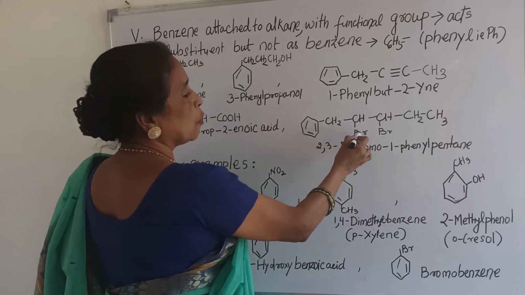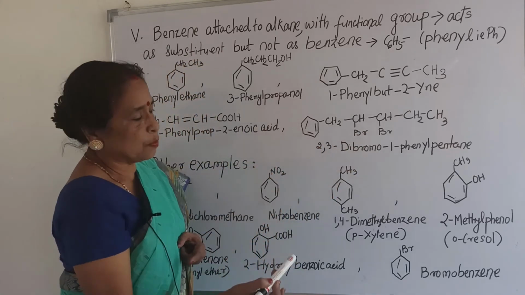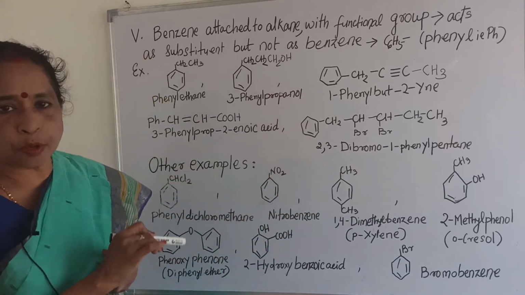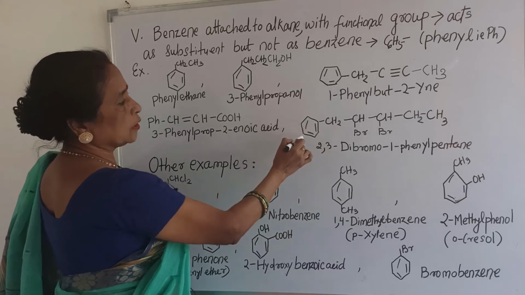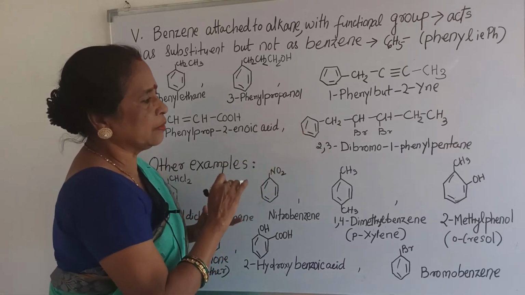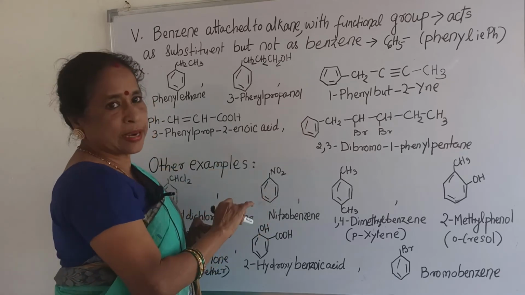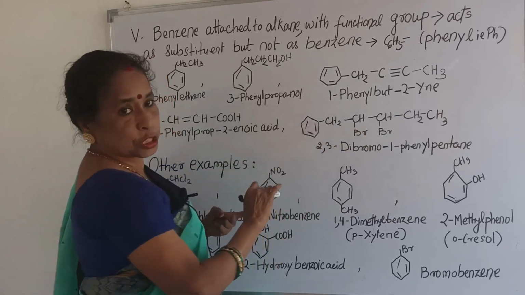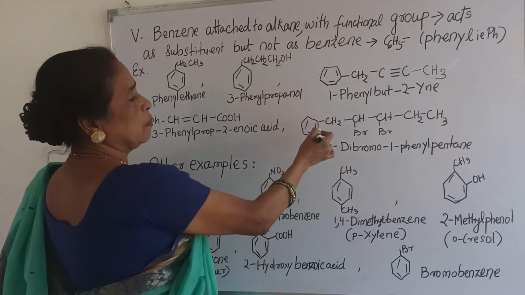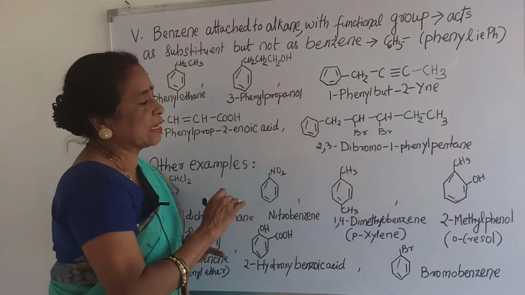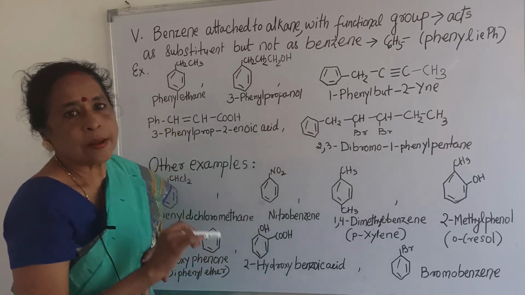Because there are bromines in the 2 position and 3 position. That is why 2,3-dibromo, and in the 1 position the phenyl group, so 1-phenylpentane. The root alkane is pentane. In pentane, the 2 and 3 positions are dibromo, and in the 1 position is the phenyl group. So the name is 2,3-dibromo-1-phenylpentane.